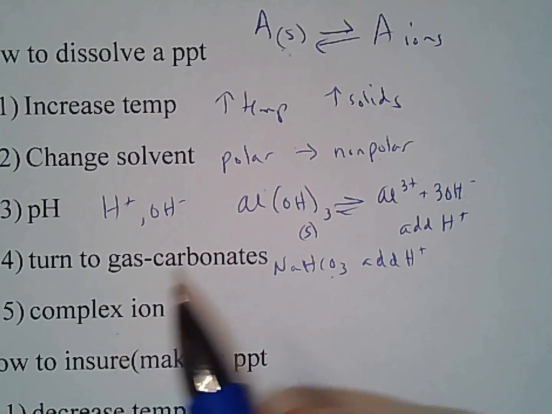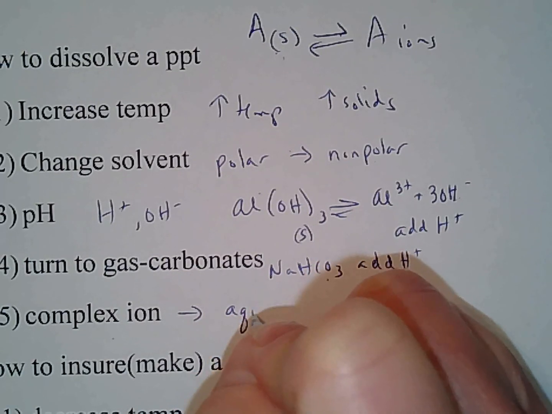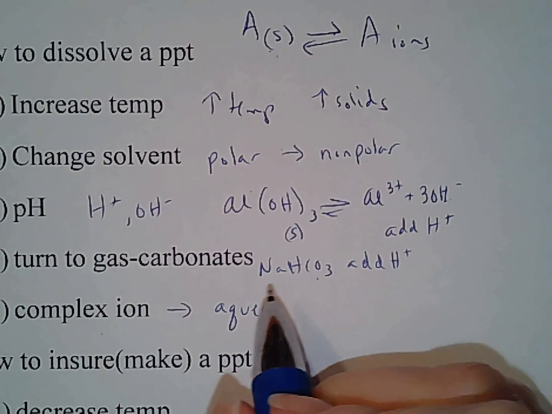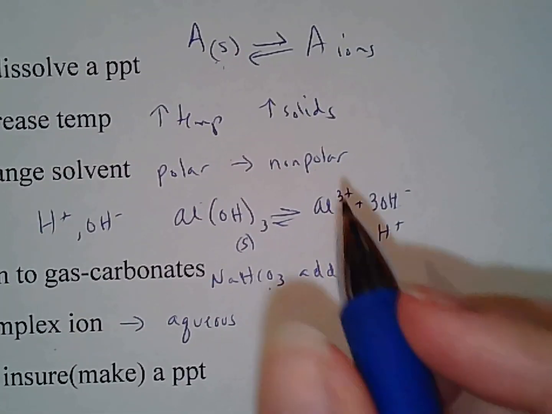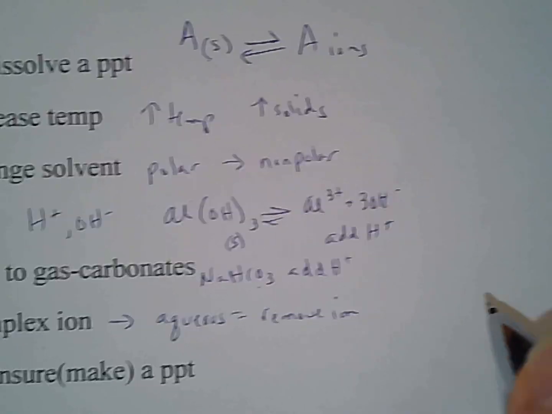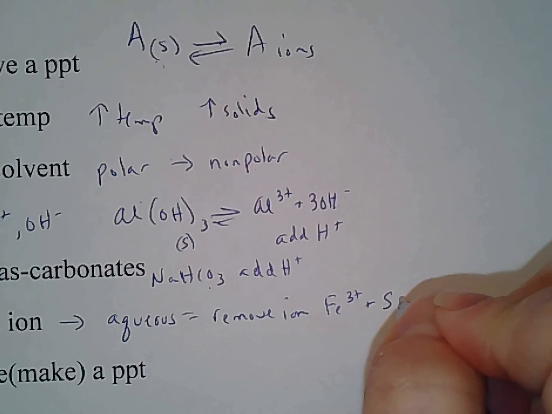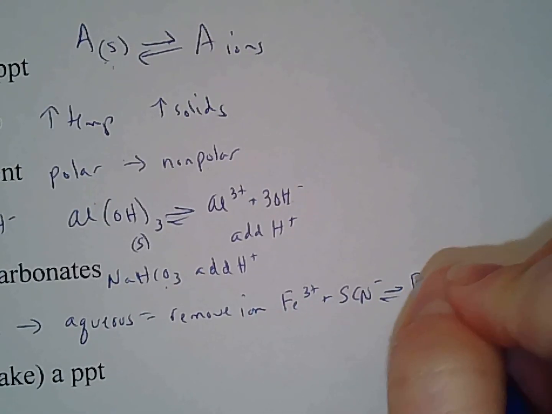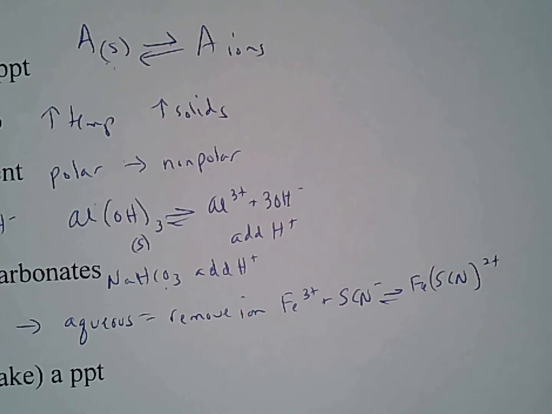And complex ions, again, the cool thing about complex ions is they are aqueous. So you can get more things to dissolve if you put in something that forms a complex ion. So essentially what you're doing is removing an ion. So for example, if I have iron and I add thiocyanide to it, I will make the complex ion that I showed you before.